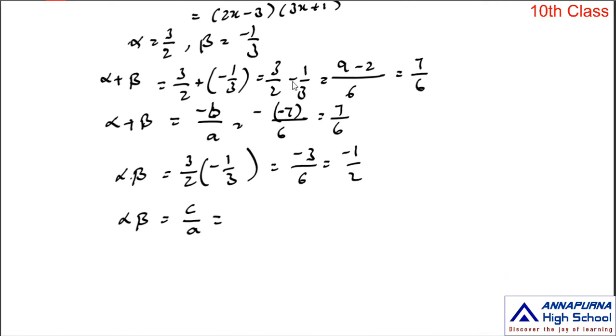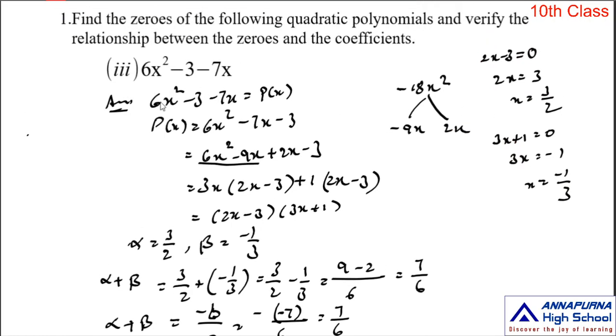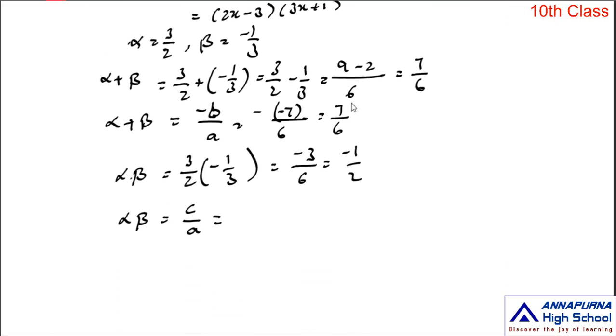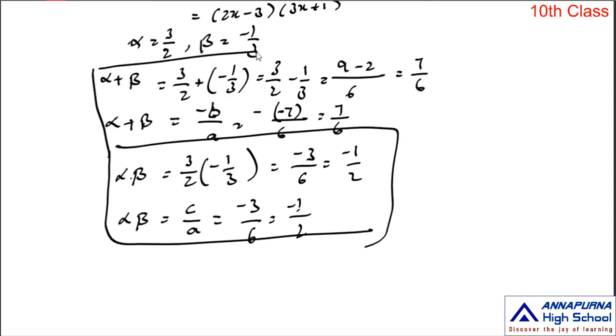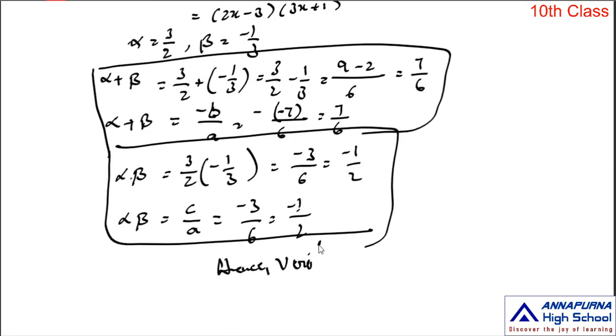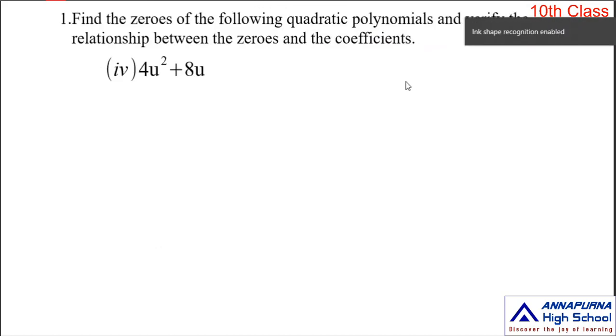Minus 3 is the constant, and what is the x square coefficient? 6 is the x square coefficient. So it is equal to minus 3 by 6, which is equal to minus 1 by 2. Here the relation is verified. Hence verified. Okay, let's come to the fourth one.